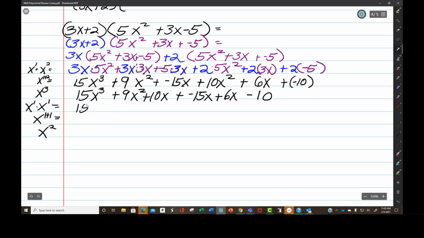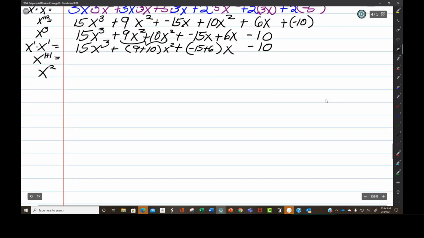So that we have 15x to the 3rd. Oh, that's a square. Here you go. Plus 9 plus 10 x squared, plus negative 15 plus 6 x, minus 10. Now we're almost done.